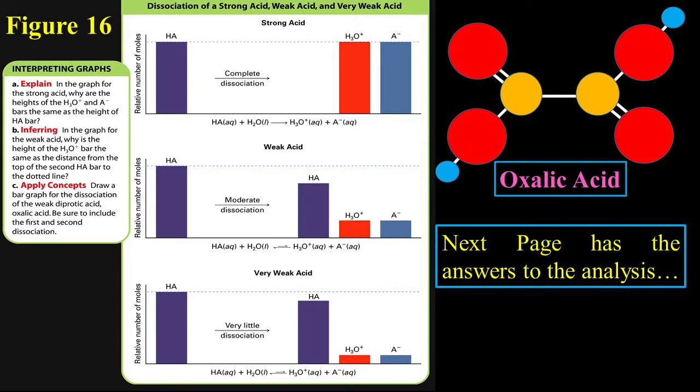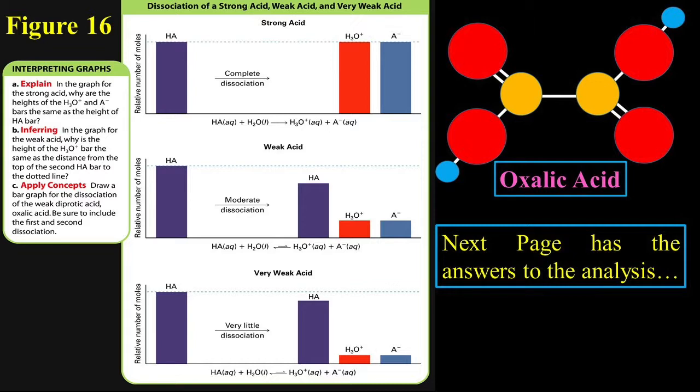B, inferring, in the graph for the weak acid why is the height of the hydronium bar the same as the distance from the top of the second HA bar to the dotted line. And C, applying concepts, draw a bar graph for the dissociation of the weak diprotic acid, oxalic acid. Be sure to include the first and second dissociation.